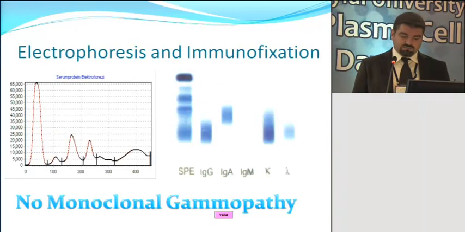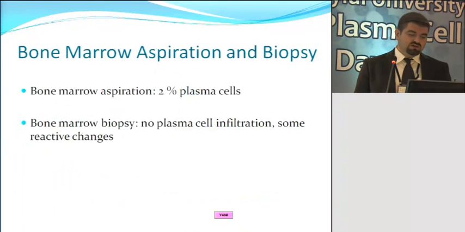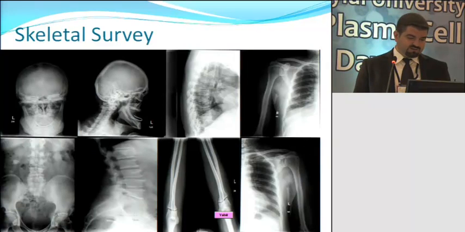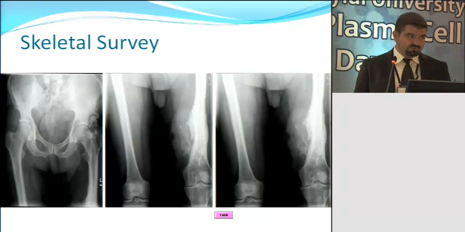No monoclonal gammopathy revealed in electrophoresis and immunofixation. Bone marrow aspiration showed 2% plasma cells. Bone marrow biopsies showed no plasma cell infiltration, just some reactive changes. Skeletal survey was all normal, except the femoral region. That was a malunion at the gunshot zone.